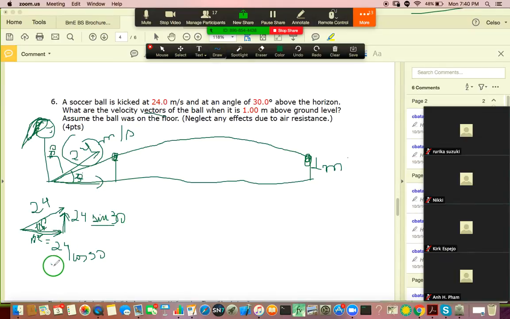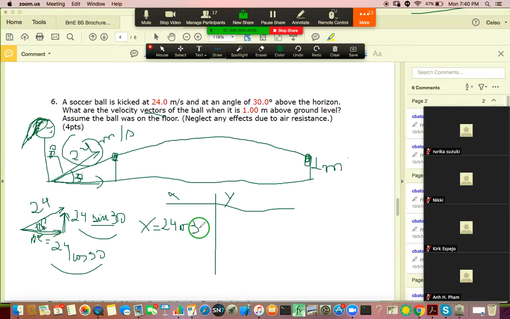Okay? So the first thing you do is this analysis. Once you've done that, you go to your table. And the table is, I have your x component, I have a y component. In x component, what you got is, well, x position at any time is equal to 24 cosine of 30 times the time, whatever time that is, okay?